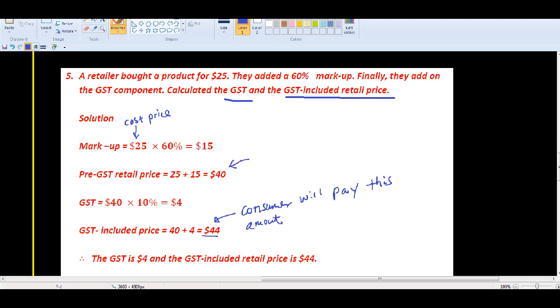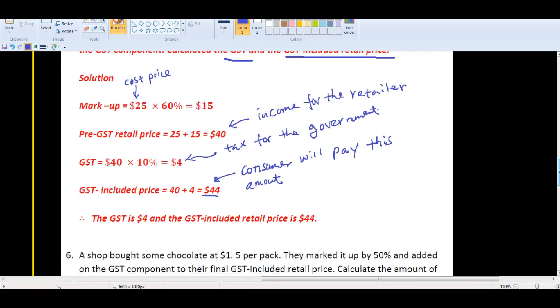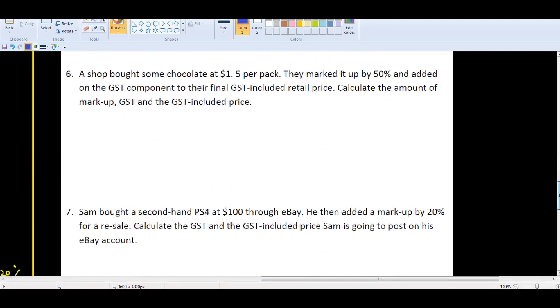So this $40 will be the income for the retailer, and $4 would be the tax for the government. So you see, the consumer pays $44, but $4 will go to the government, and $40 will be the income for the retailer. Remember that? Okay, so let's go to another one.